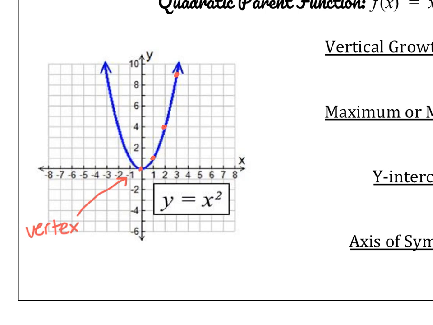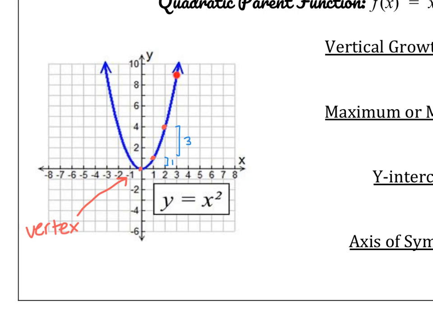So if you look at the vertical change from each one, between the first 2 points, I go up 1 over 1. So from here to here, my growth is 1. And then to the next point, we go up 3 over 1. So from here to here, we're increasing 3.